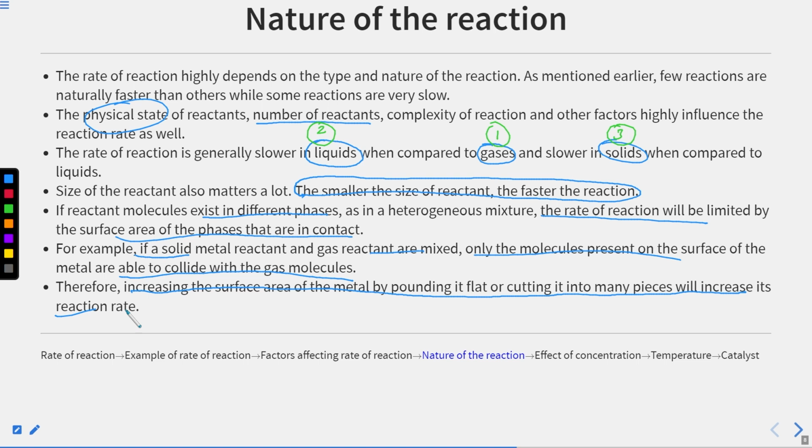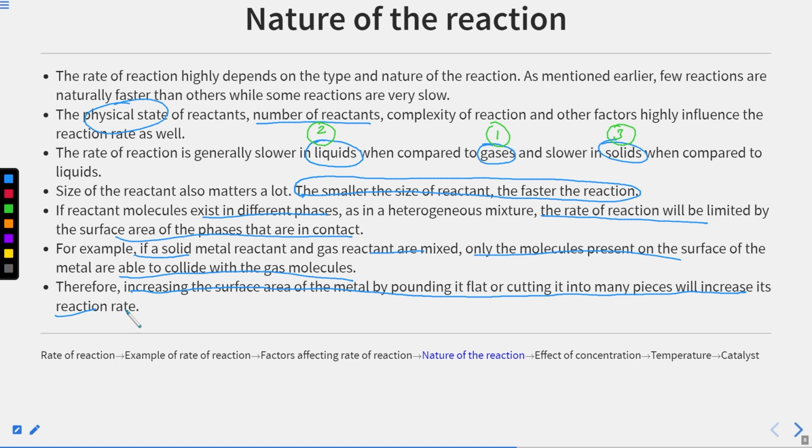Why? Because the surface area is increased, and due to the increase in surface area, the number of reactant molecules available to react with the gas molecules has increased. That would result in more collisions, and hence the rate of reaction would increase. So this is the nature of the reaction.